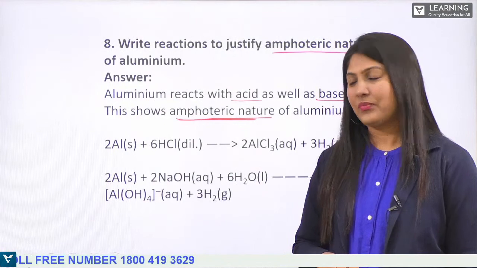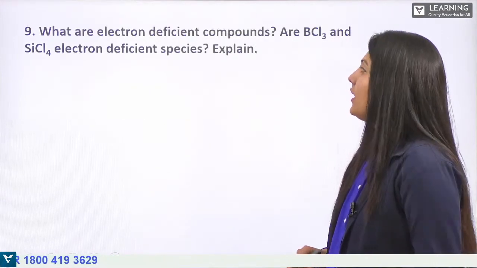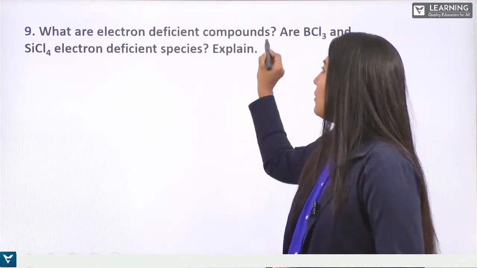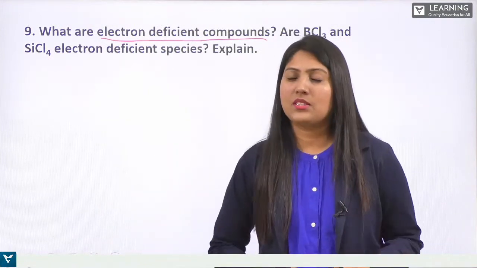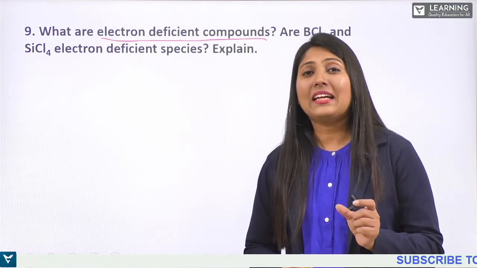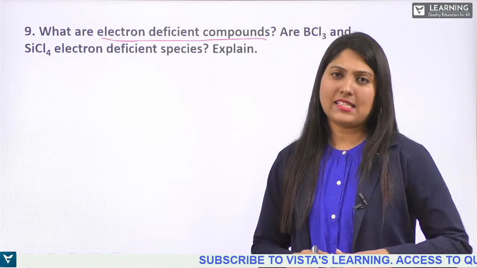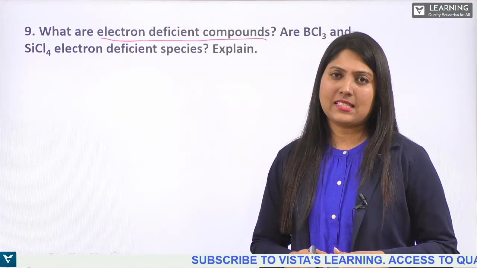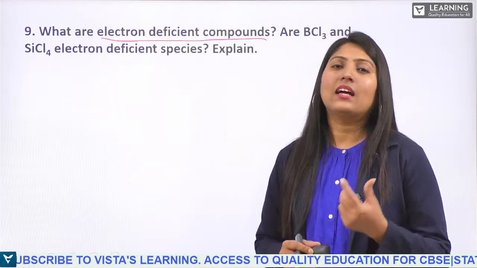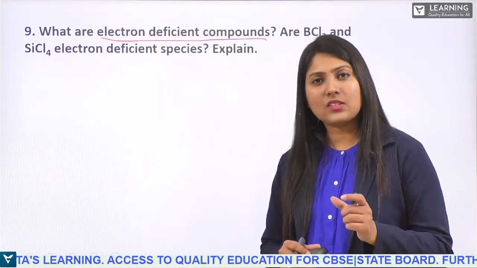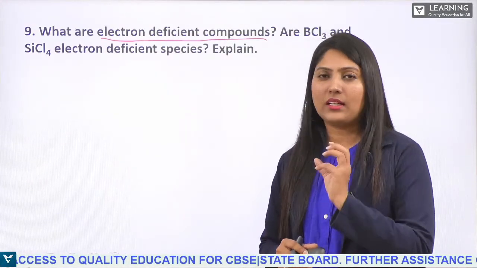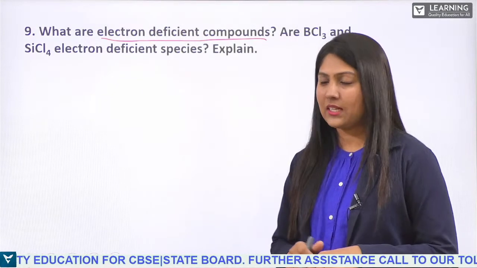Got it, students? What are electron deficient compounds? You should remember this, students. Deficient means having less. So compounds which have fewer electrons. We should know a particular limit should be there for electrons.